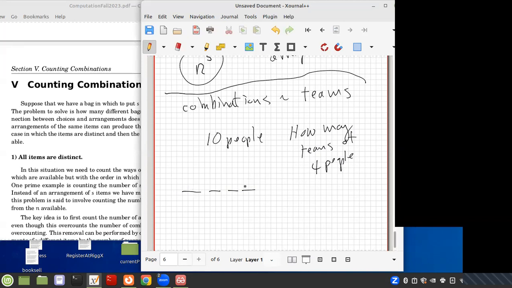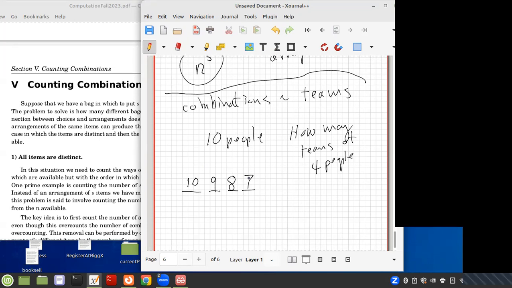You have four positions on the team, right? So let's say that we're counting sequences, the order we choose the people in the team. I could choose any of the 10 people first, right? Then there's 9 people left. Then after those, there's 8 people and 7, right? So this is the number of ways of choosing 4 people.